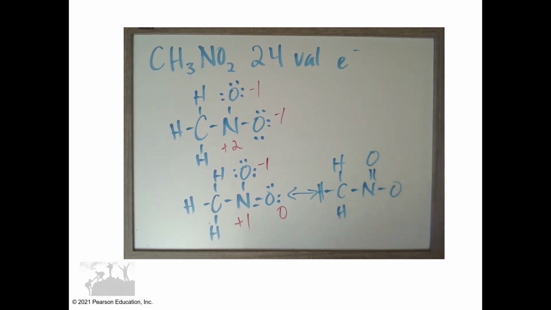Now we're going to move it over to the top. So we have 2 lone pairs for the doubly bonded oxygen, 3 lone pairs for the singly bonded oxygen. If you work out the formal charges, again, the sum of the formal charges would be the same.